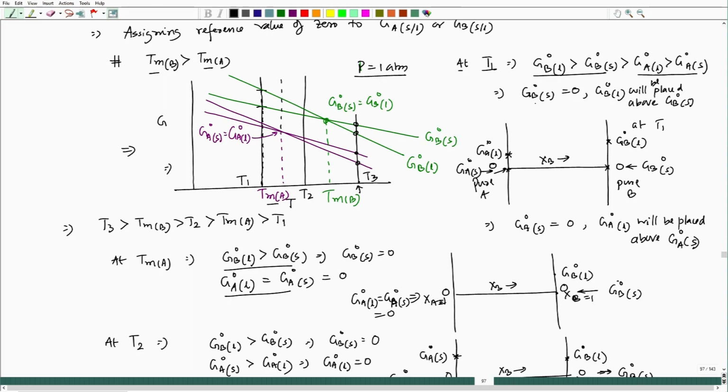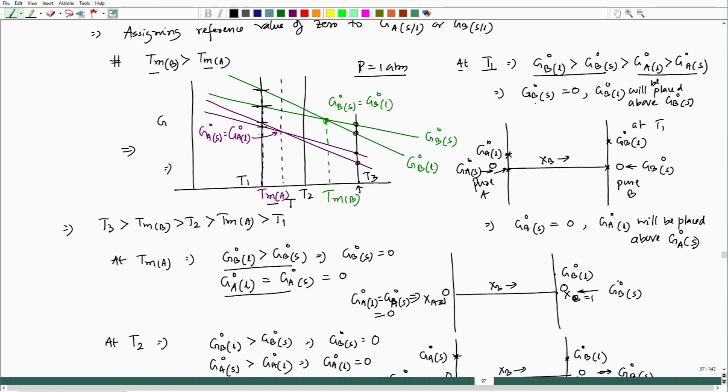Now, this is a kind of arbitrarily drawn plot. If we take the CP values of liquid and solid for both A and B, we can plot the correct plot, showing how those G lines with respect to T at constant pressure would be positioned on the G versus T plot. But with reference to this, the difference between GB solid and GB liquid, or GA solid and GA liquid, in the standard conditions will be decided by the gap between these two.